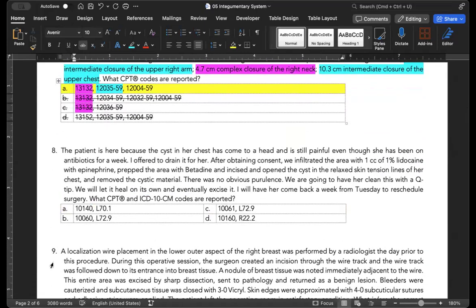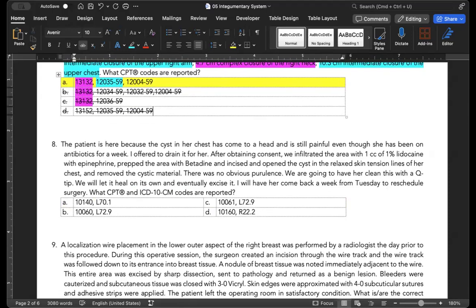Any other questions? All right, let's look at number 8. The patient is here because the cyst in her chest has come to a head and it's still painful even though she's been on antibiotics for a week. I offered to drain it, and after obtaining consent, we infiltrated the area with 1 cc of lidocaine with epinephrine, prepped the area with betadine, and incised and opened the cyst in the relaxed skin tension lines of her chest and removed the cystic material.